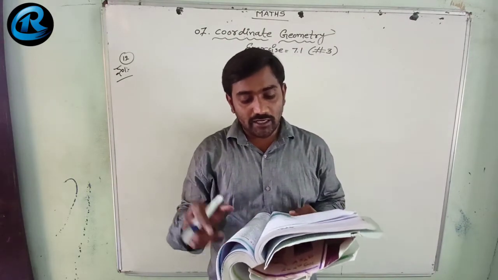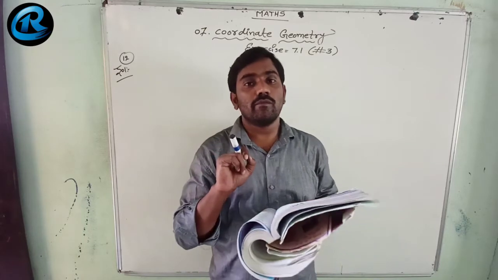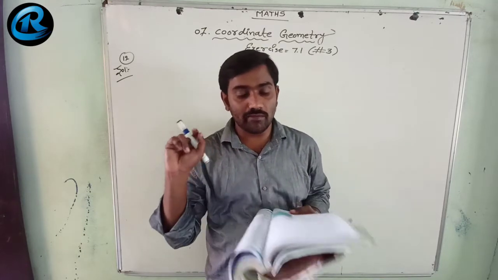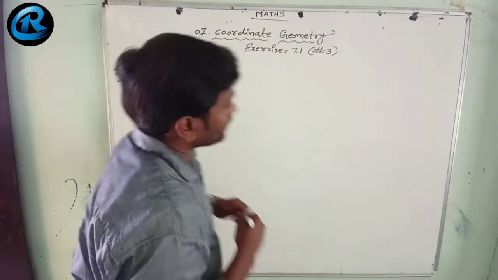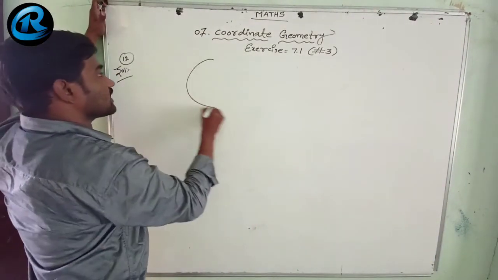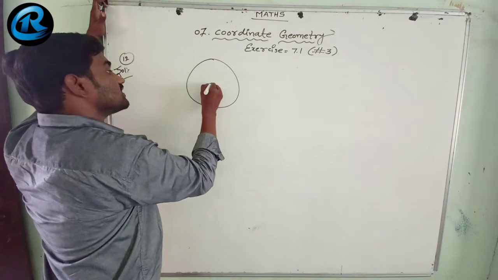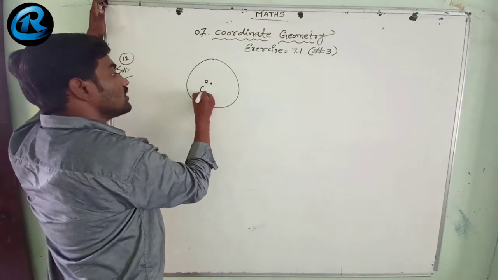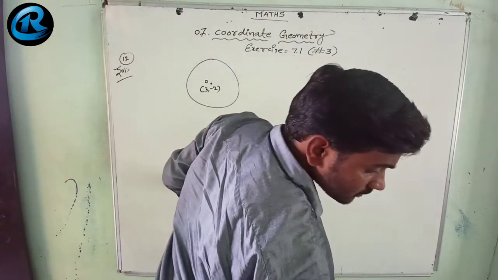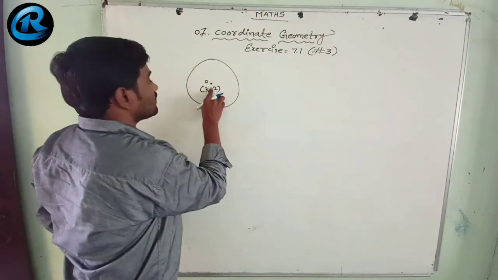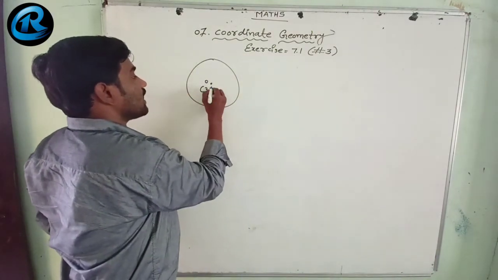So it is passing through the point minus 5, 6. Then we need to find out the radius. Okay, so there is a circle like this, and here the center, suppose center is O, that is 3, 2.